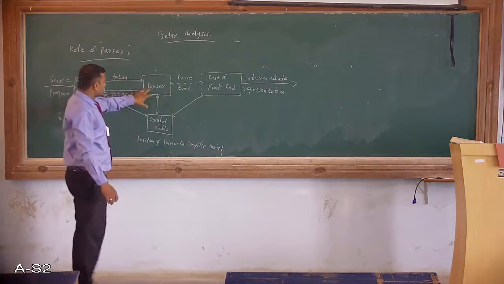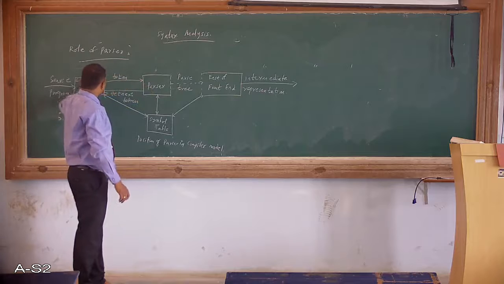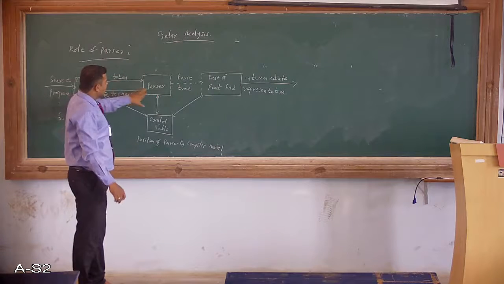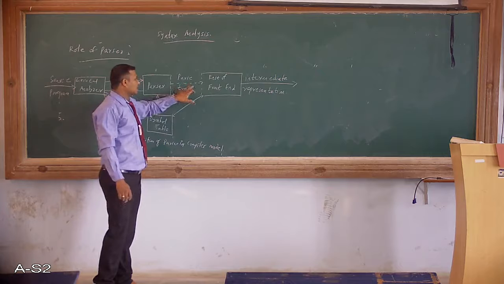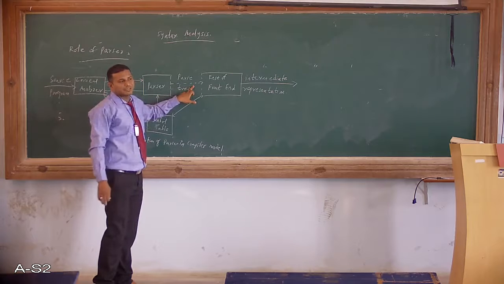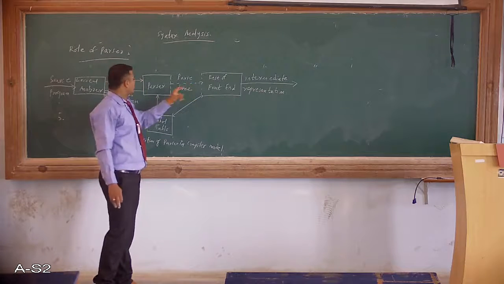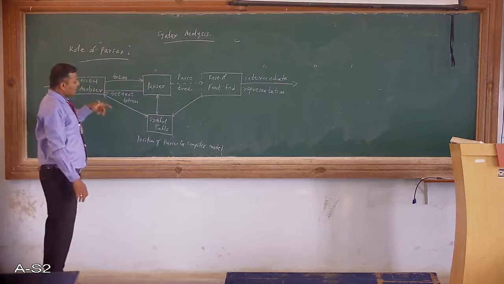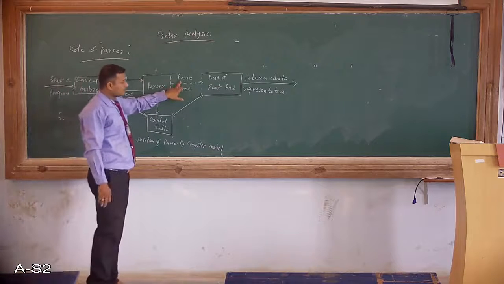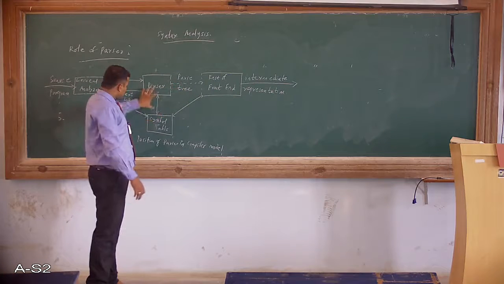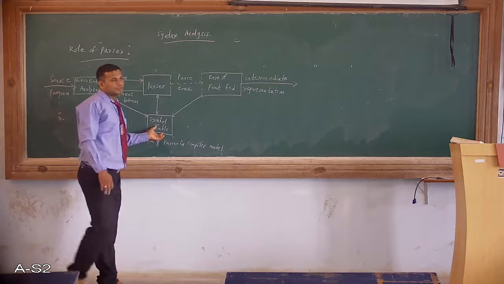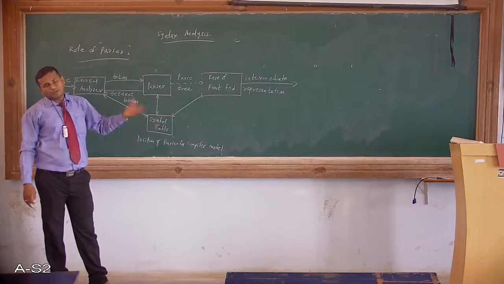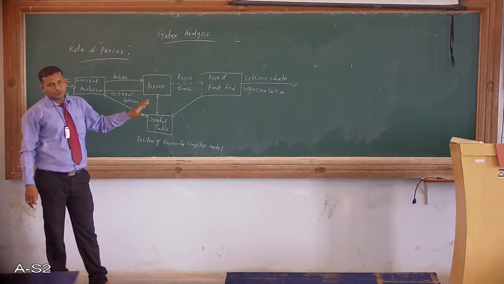Okay, after obtaining the tokens which have been generated by the lexical analyzer, this parser constructs a parse tree. Okay, and this parse tree is nothing but the intermediate representation of the tokens generated by the lexical analyzer. In order to generate this parse tree, the parser is going to interact with a symbol table, and this symbol table is going to store all the symbols which have been used in the source programming language.